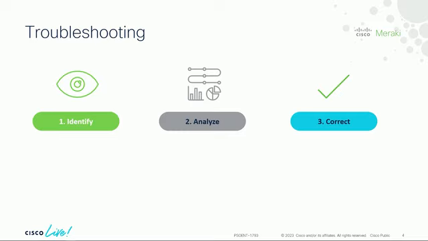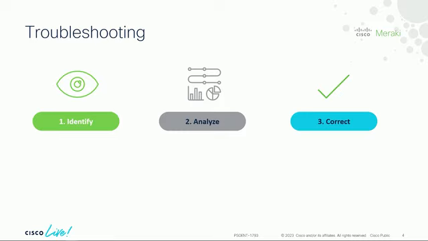And correct is resolving the issue at hand. So it is very key for all of us to have tools that follow these 3 steps. And here at Meraki, we want to accelerate our tools and our capability to move towards the correct action.